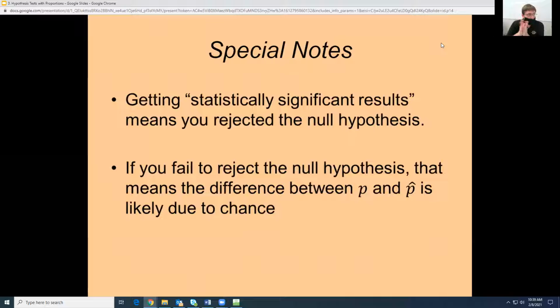All right, so some things just to remember as we're doing this. Getting statistically significant results means you are rejecting the hypothesis. So I rejected the hypothesis on our last example because our sample size proved statistically significantly that the difference of people watching the TV show was big enough from Monday to Wednesday.